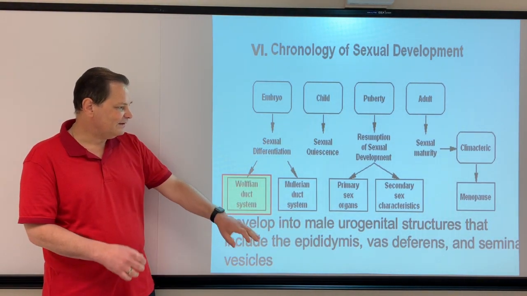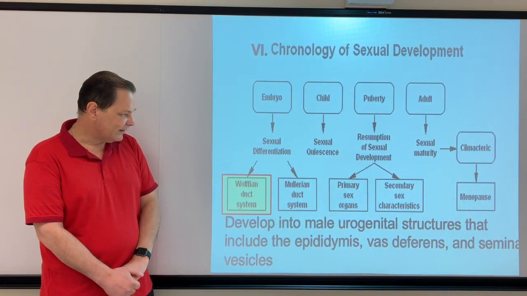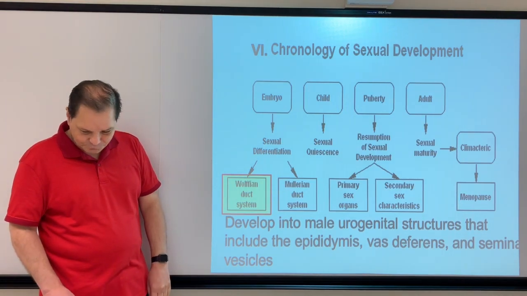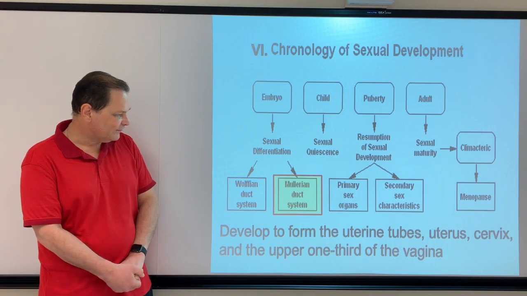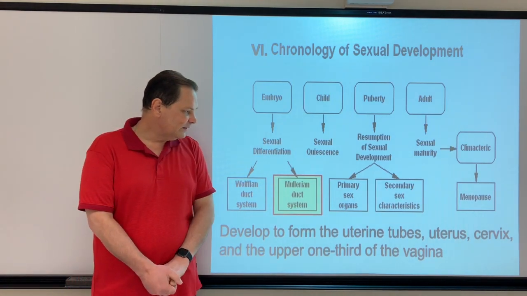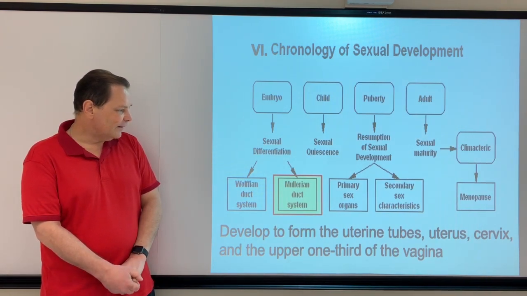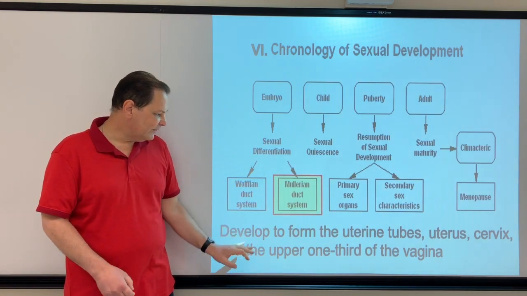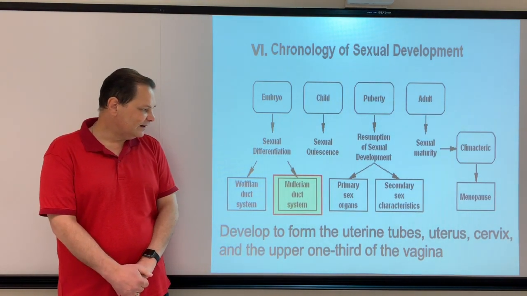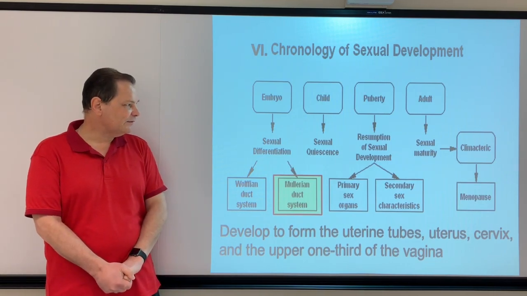So that includes the epididymis, the vas deferens, the seminal vesicles, etc. Okay. In the female, you have the Mullerian duct system that develops into the uterine tubes, the uterus, the cervix, okay, and the upper third of the vagina. So these are the two structures in the embryo that eventually develop into the fully mature male and female reproductive tracts.